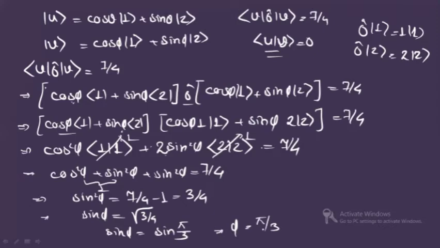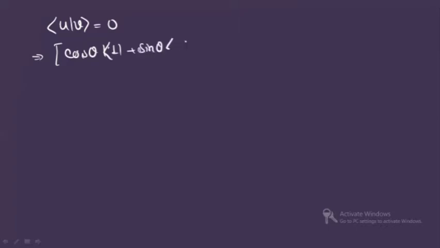Next condition what you will use is this entire condition: UV is equal to 0. When you do so, you will have cos theta |1> plus sine theta |2>, alright, and here you will have cos phi |1> plus sine phi |2>. Clear?